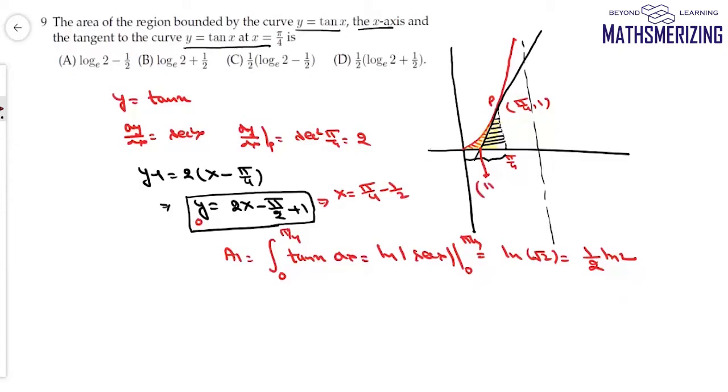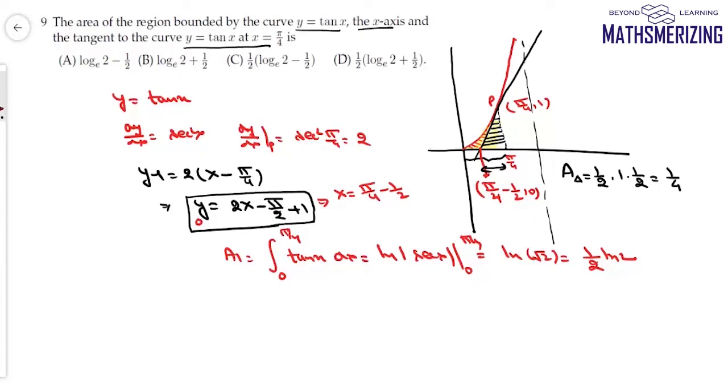So the point of intersection of this tangent with the x-axis is simply (pi by 4 minus 1 by 2, 0). So what is the area of this triangle? It simply is 1 by 2 into the base, and what is the height? Height here is 1. And then what is this length? This length is 1 by 2. So this area is 1 by 4.